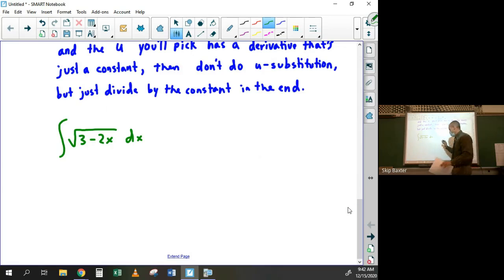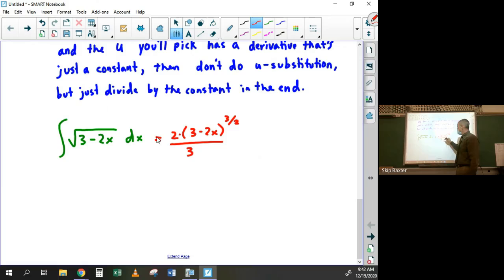Without doing any time-consuming work, this is something to the 1/2. The u that I would pick in this case would be 3 minus 2x, right? Its derivative is a constant, -2. So its integral is just going to be 3 minus 2x to the 3/2 times 2/3, and then divide by -2. That's the answer. You see how that shortcut works?